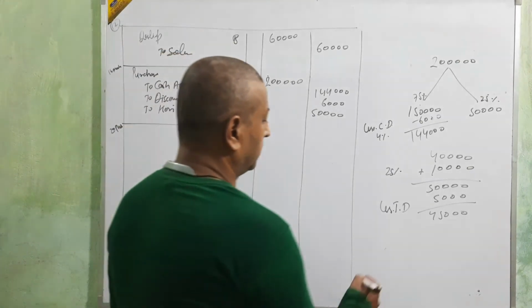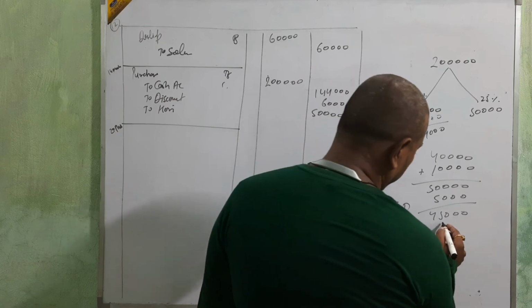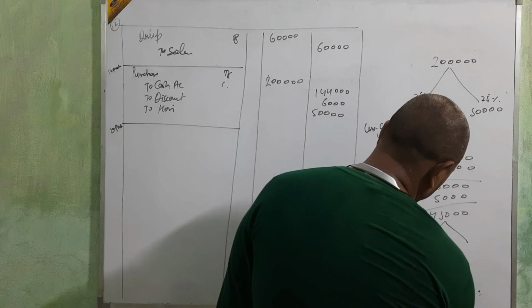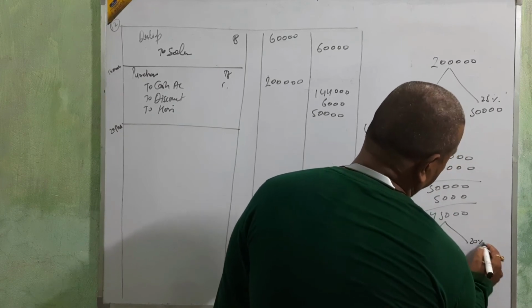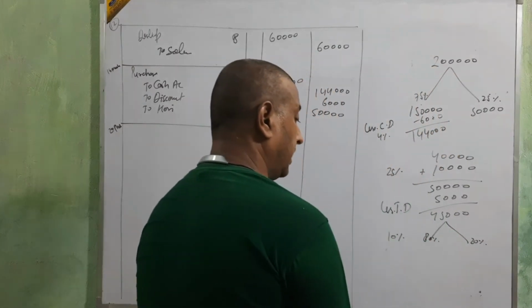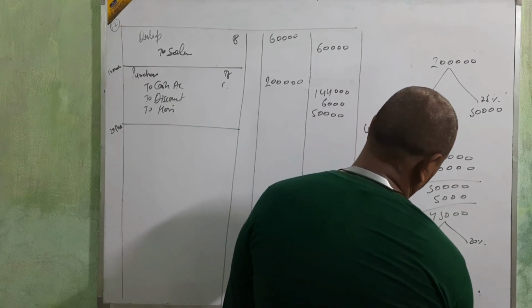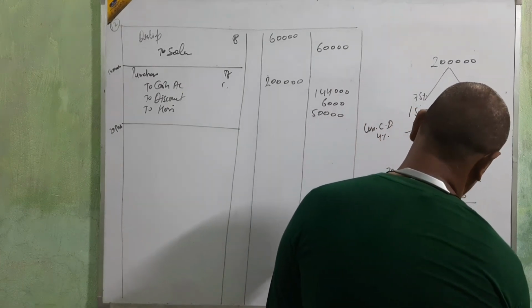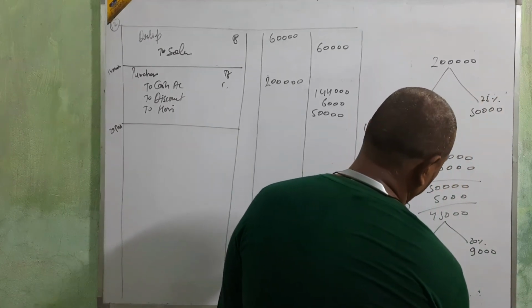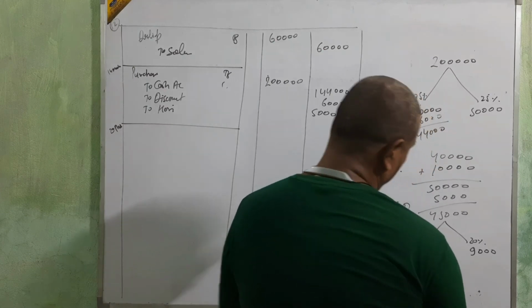Receive 80% in cash and 20% on credit. So calculate 80% of 45,000: 36,000 and 9,000. 10% is 3,600. Okay, clear, beta?